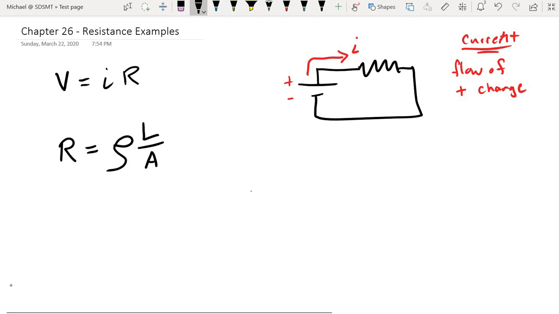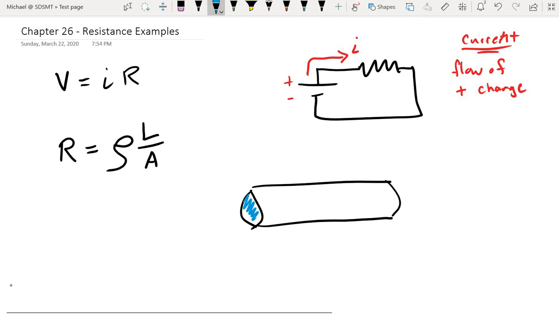That means we can construct a resistor by knowing the cross-sectional area of the object A, along with the length and whatever that material happens to be made of, because that's what our resistivity is going to measure for us. And in the case of temperature, if the temperature changes, the resistivity changes.